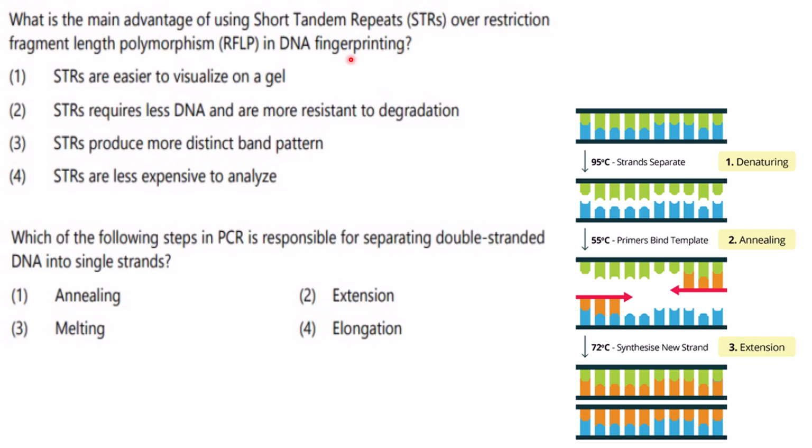There are 3 types of markers that are used for DNA fingerprinting. The first one was RFLP, which was used, and then came the variable number of tandem repeats. Now RFLP detects DNA sequence variation by using restriction enzymes.